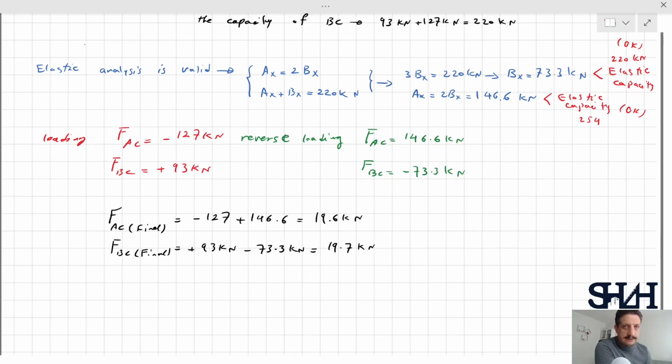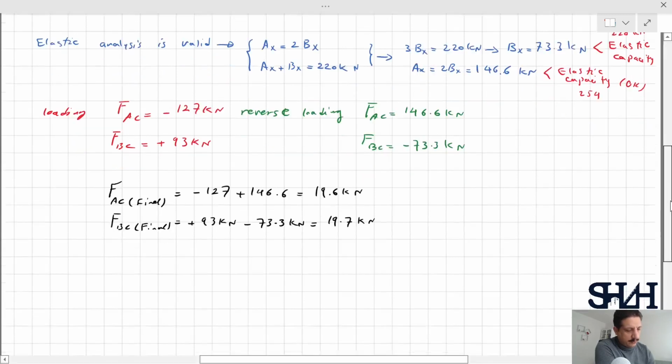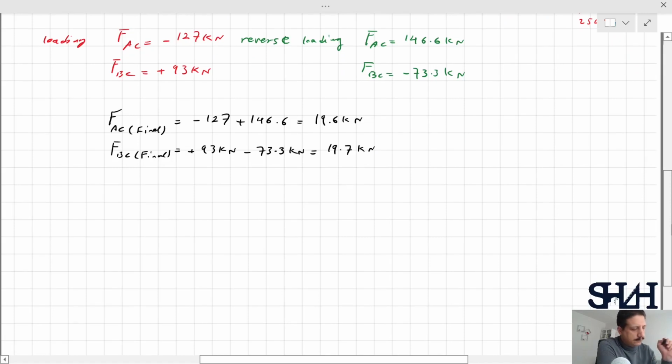So the reason is the approximation with one significant value. So this is the final load in each element when we do not have any force. In other words, both elements will be in tension after unloading the structure.